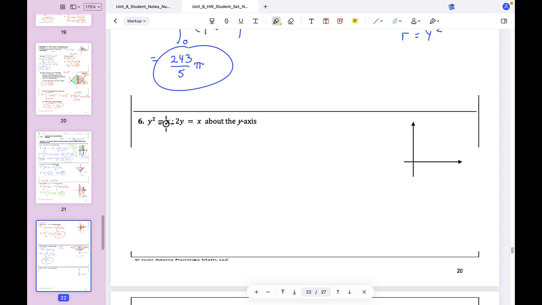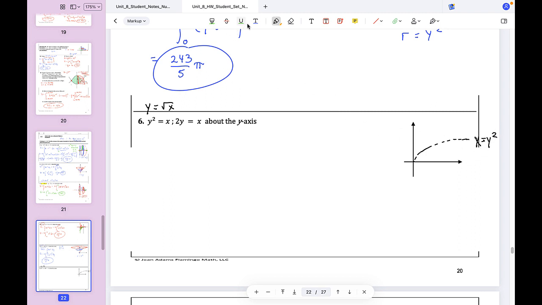So we want to solve for x, which we already have. In order to get a visual of this, I'm going to rewrite it in terms of y. If I take the square root of both sides, I get y equals the square root of x, or x equals y squared.